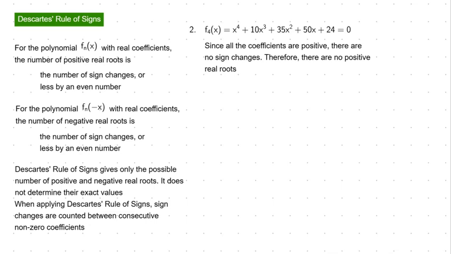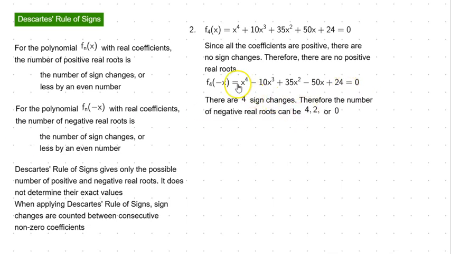Now, let's take f sub 4 of minus x. Applying that, we get x to the power of 4 minus 10x cubed plus 35x squared minus 50x plus 24 equal to 0. Now here there are 4 sign changes: 1, 2, 3, 4. Therefore, the number of negative real roots can be 4, 2 or 0.